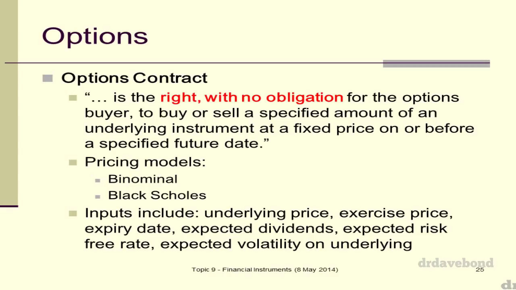The exercise price is what we've got here. The expiry date helps us with length of time before we exercise, because imagine, so that's the $9, the exercise price. Imagine where, so that's time, imagine where time 0, time 1, whatever it is.